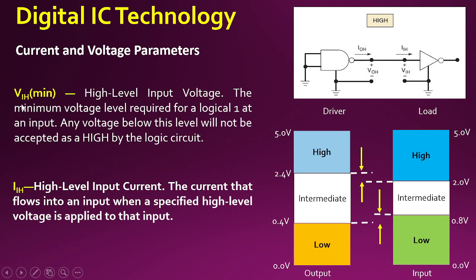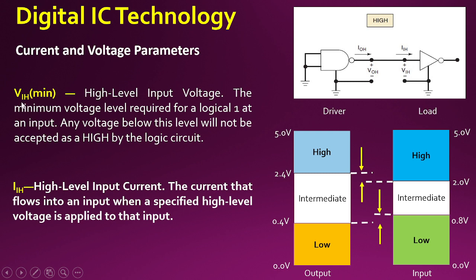We can see VIH minimum. So when the output is high, we are talking about this range which is between 5 to 2.4. So we will define something called VIH, and within brackets it's minimum. So what is this? It is the high level input voltage.